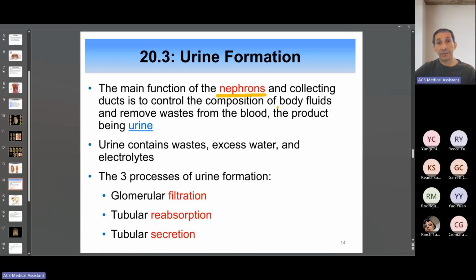So we have 2 million nephrons, 1 million on the right kidney, 1 million of nephrons makes up the left kidney. That is the reason why if one kidney fails, the other one takes over. We can work with just one kidney.